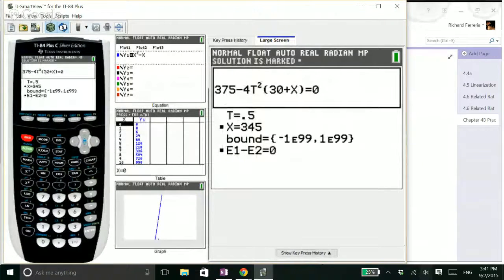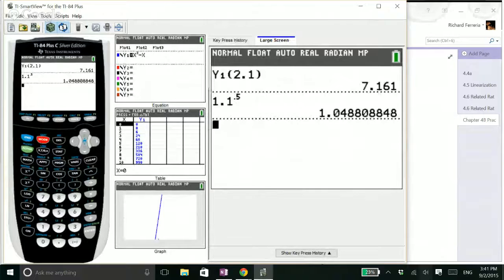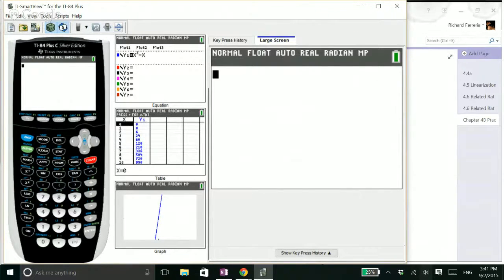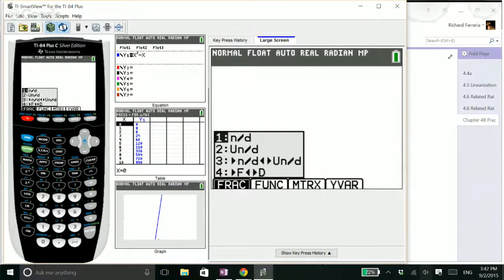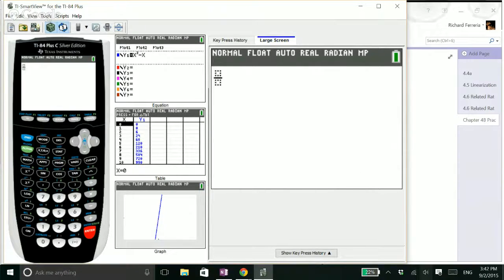Okay, I'm going to quit over to the home screen. I'm going to start typing things out. Let's see, what do we got? 3/4. Let's get that fraction key. I mean, this is 2015. We have fraction keys.